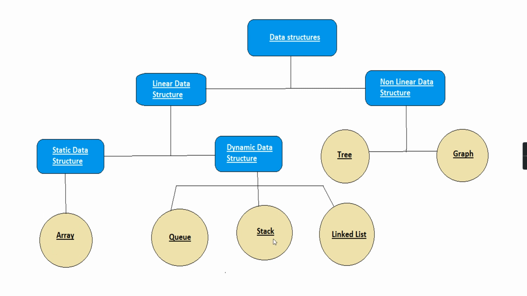Array is an example of a static data structure, and queue, stack and linked list are examples of dynamic data structure. In non-linear data structure we have tree and graph.